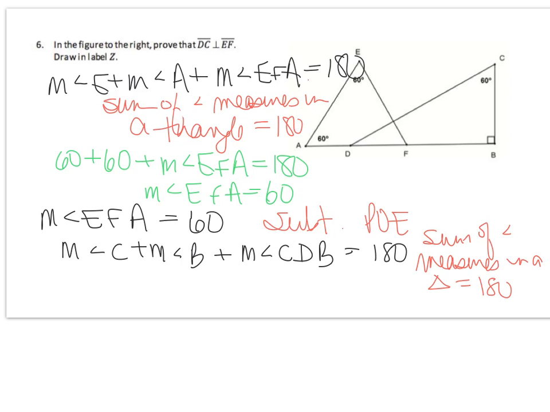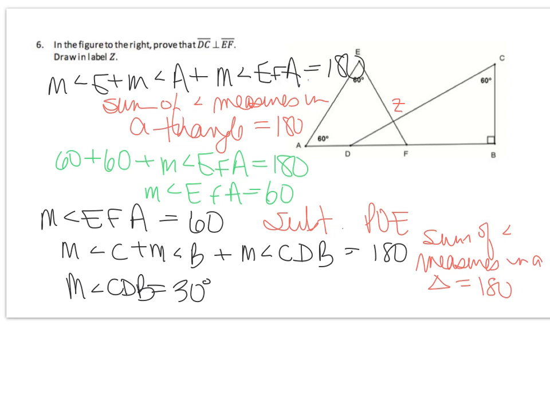Now I'm going to do the same thing. I'm not going to write it out in green this time because we know the measure of angle C is 60 and the measure of angle B is 90. I can say the measure of angle CDB is 30 degrees. Okay? I now know where Z is supposed to be. There we go. All right.